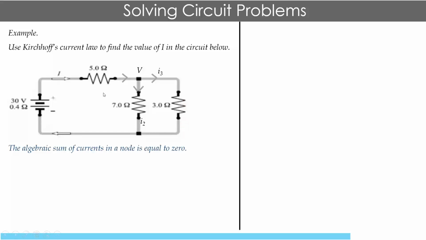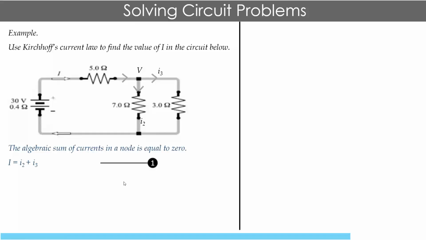So based on Kirchhoff's nodal law, or current law, I, which is the current entering here, is equal to I2 plus I3. So we can call that equation 1: current entering the node is equal to current leaving it. So I is equal to I2 plus I3.